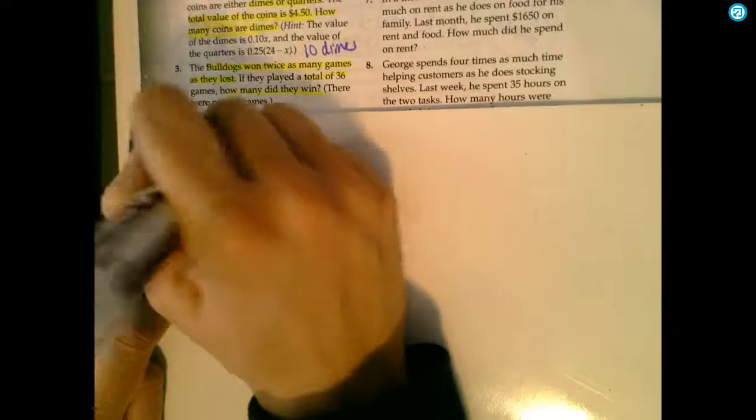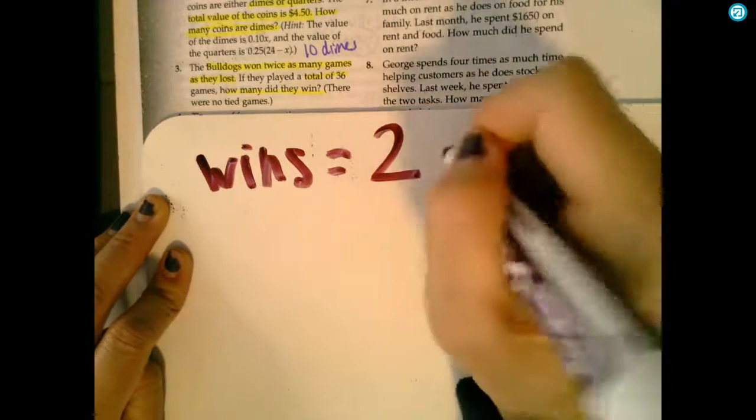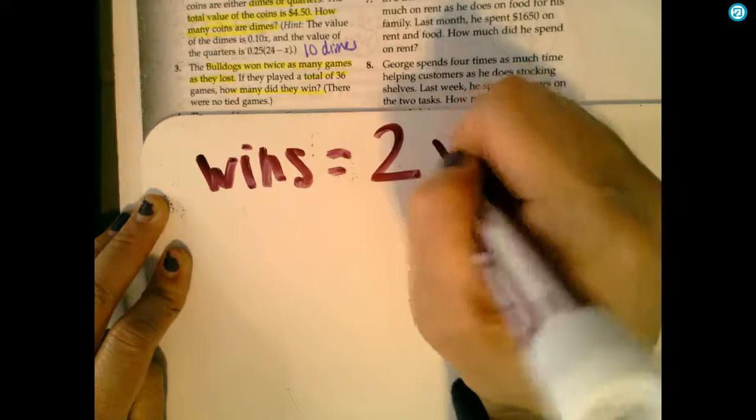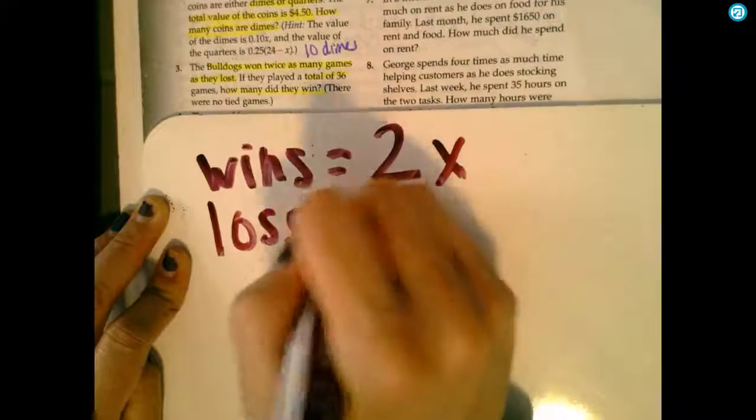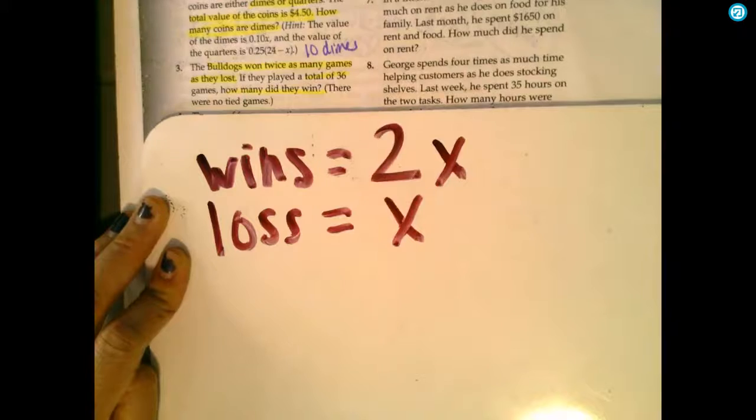They won twice as many as they lost. So I'm going to write wins equals 2 times as many as they lost. So 2 times x. The losses, how many did they lose? It's just going to be x.